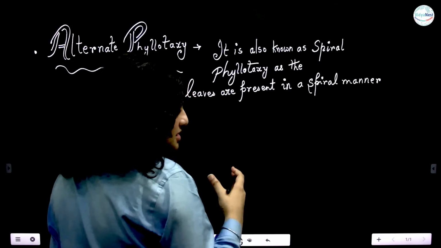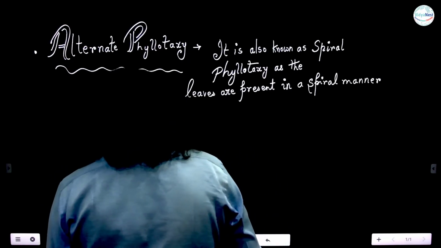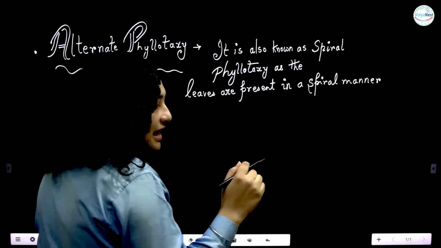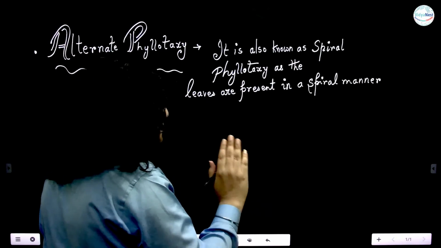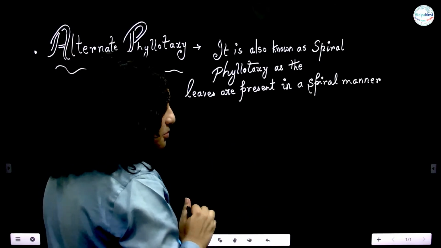Leaves are present in a spiral manner, and each node has only one leaf. That means a single leaf is present at a single node. This is very important to note.